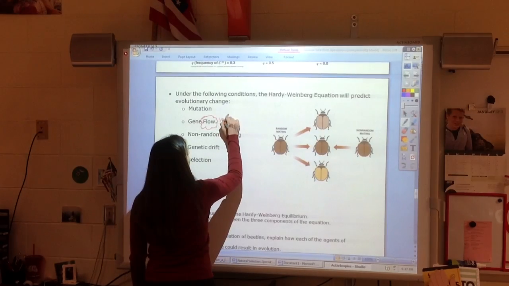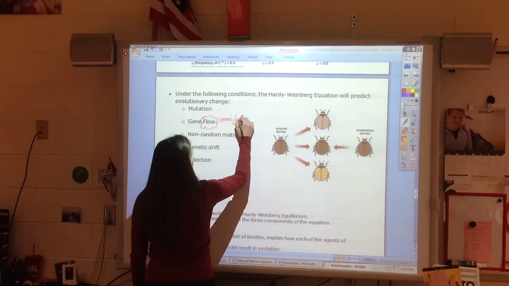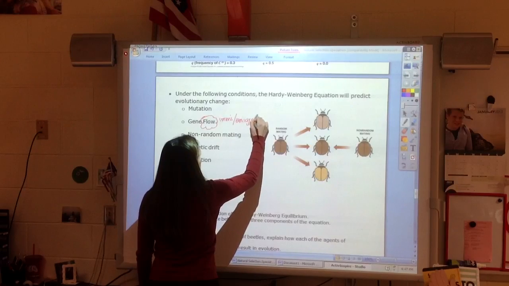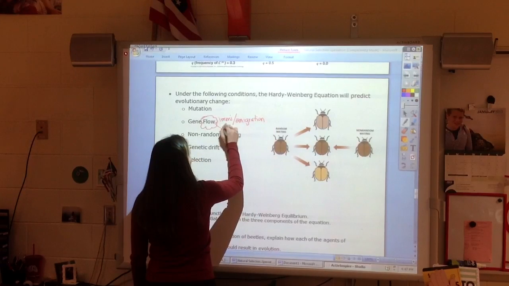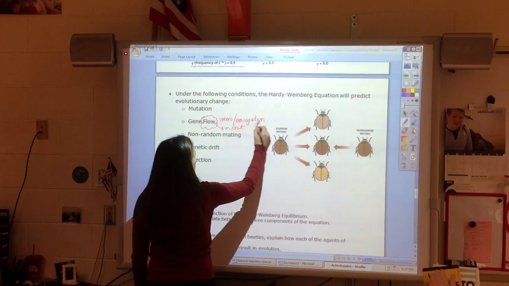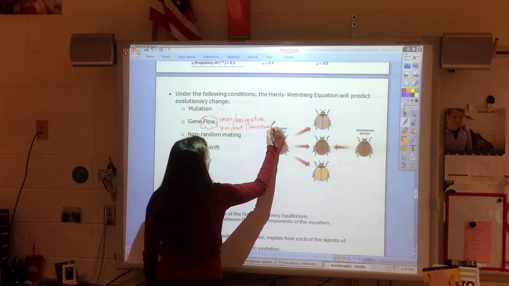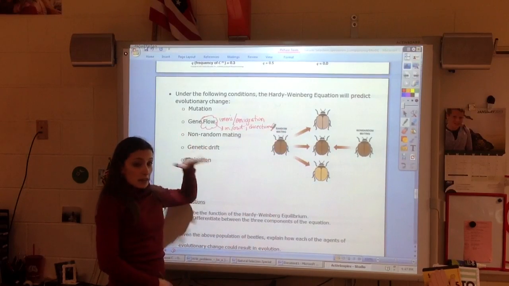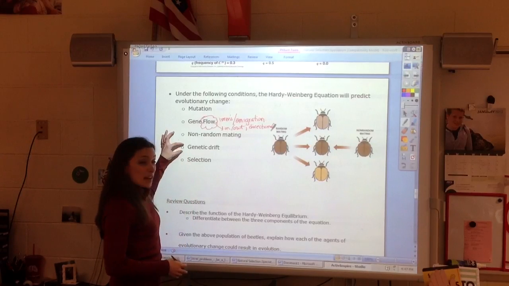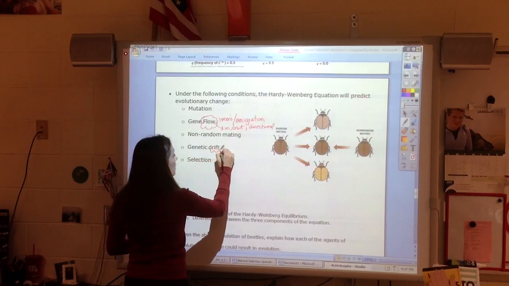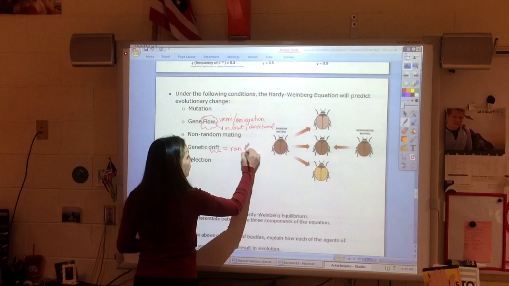This is immigration or emigration. This is genes flowing in or out. This is directional. Non-random mating, we can make sense of that. Genetic drift. Drift is going to be random.